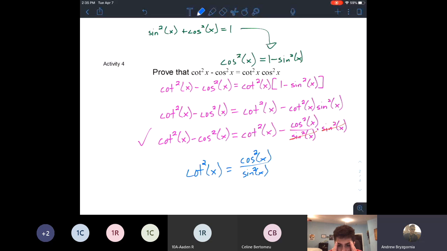So it's okay if this is still really confusing. The good news is that this is not a big part of this chapter. It's mostly just a little more practice of seeing the relationships between all of the trig ratios.